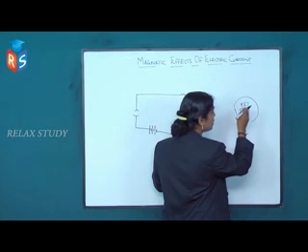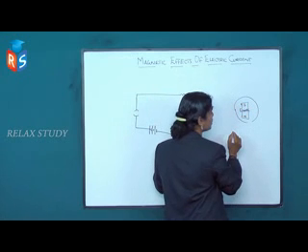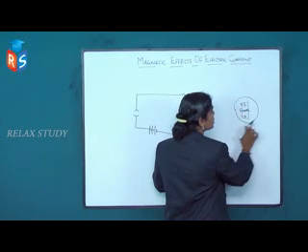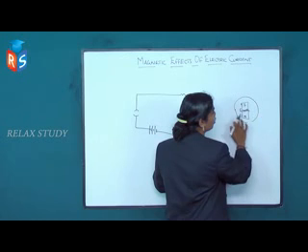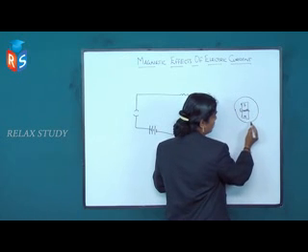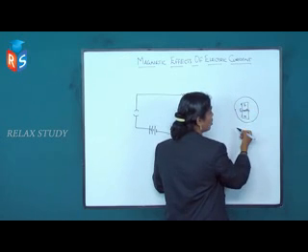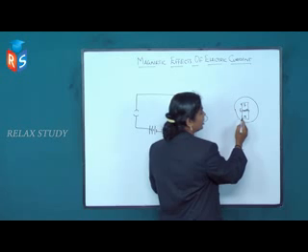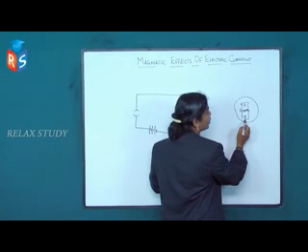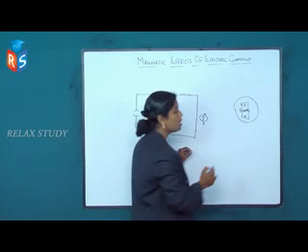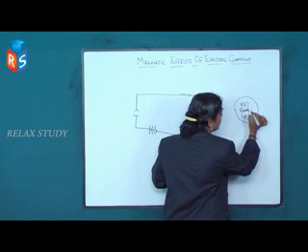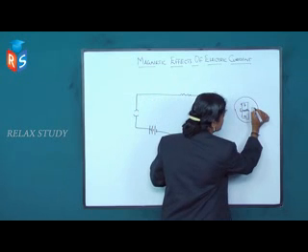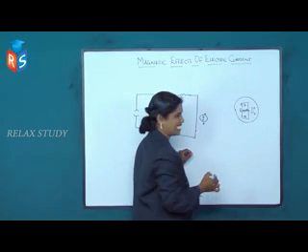So if you hold a simple bar magnet, its north pole is going to get attracted towards the magnetic south pole of the Earth's magnet, whereas the south pole of the bar magnet is going to get attracted towards the magnetic north pole of the Earth's magnet. So if I hang it, it is going to settle finally like this: this end is going to be north, this end is going to be south.